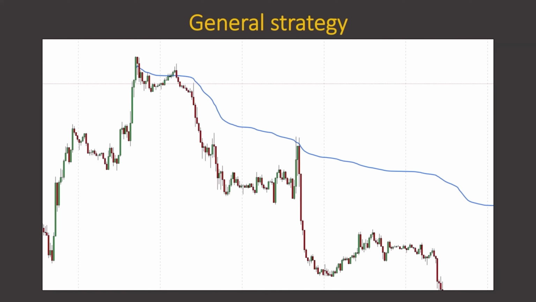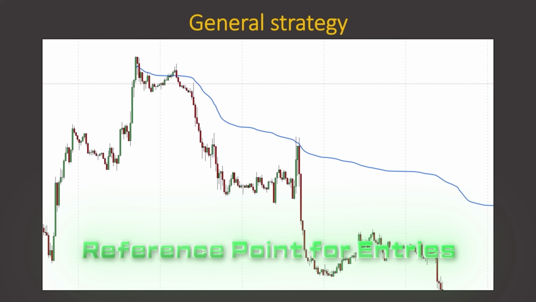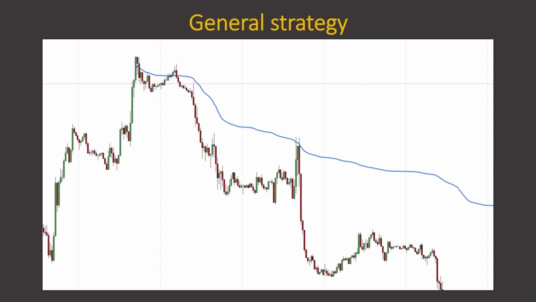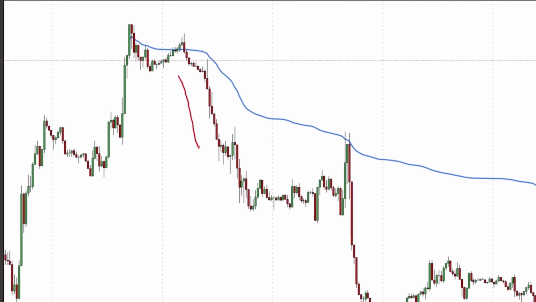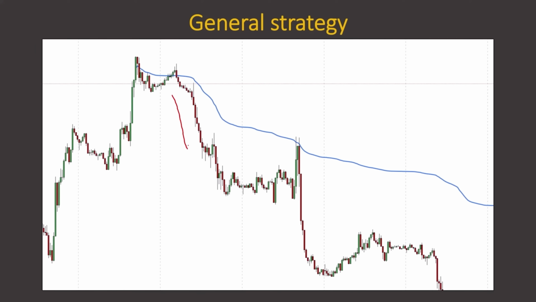VWAP represents the trading position of an average trader, and many market participants use it as a reference point for their trade entries. Now imagine you want to enter a short trade on this chart here. Price is dropping, you want to enter a short trade. So where is the best place to enter the short position?